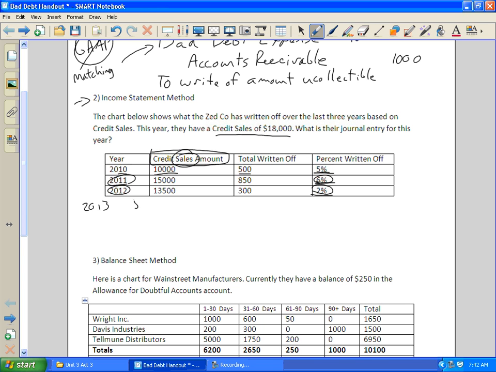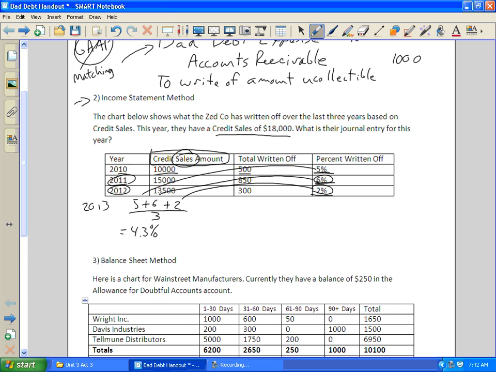We're going to take the 5%, the 6%, and the 2%, and divide that by 3, since there's 3 years worth of items. And that will give us a grand total of 4.3%. So we're just kind of estimating that this year of credit sales, we're not going to be able to collect 4.3% of those sales.